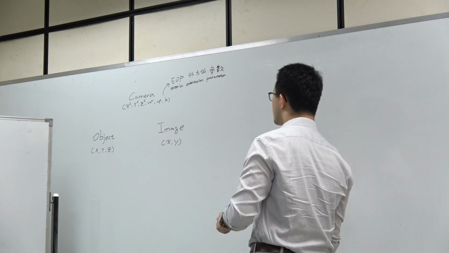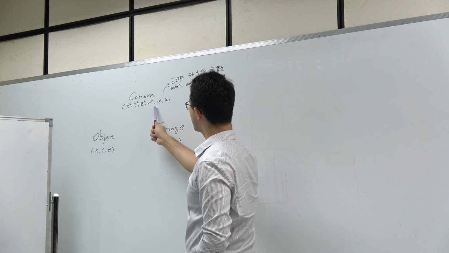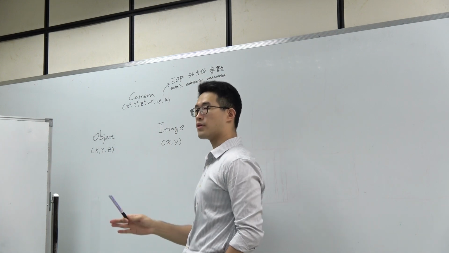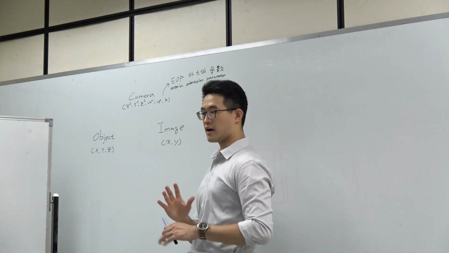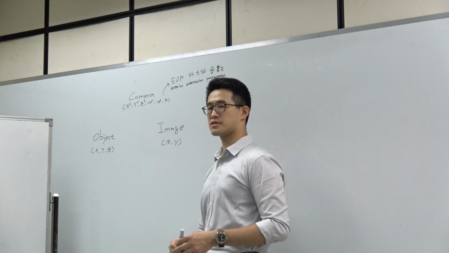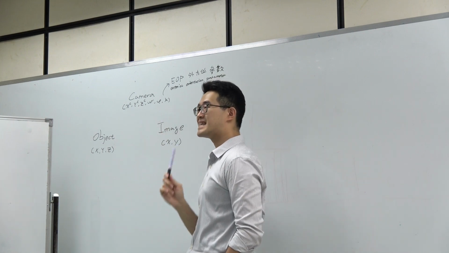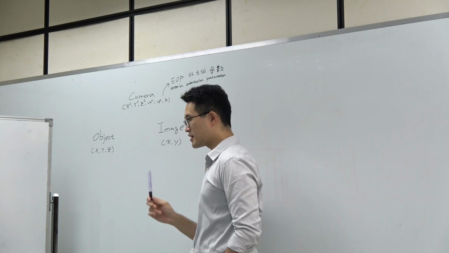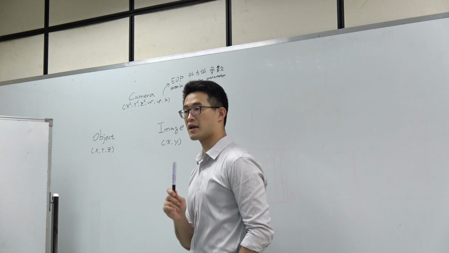Some people may be confused about why we use omega phi kappa. There are of course other ways to represent the camera orientation, and we will introduce that later. But let me just tell you the reason we use omega phi kappa is because it's easy for mathematical calculation.